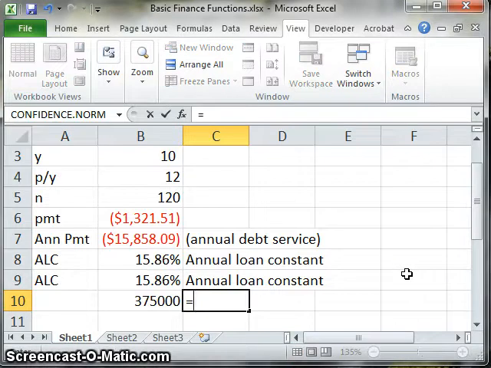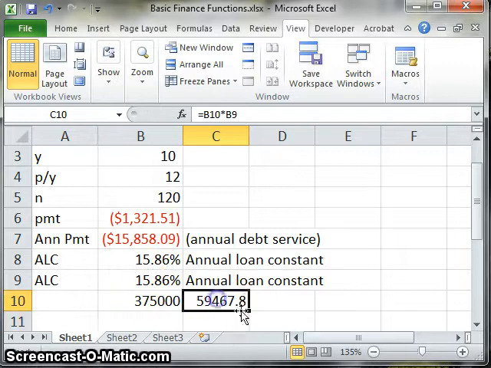The great thing here is I can just multiply the 375 times that amount, and now I know that my annual payments are going to total $59,467, just under $60,000. So that's how we would use that annual loan constant.